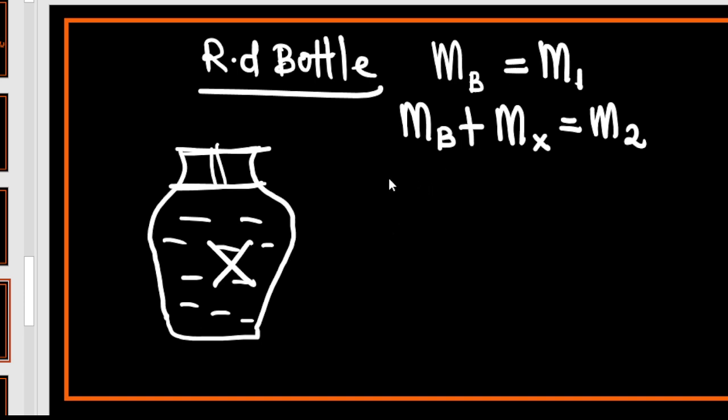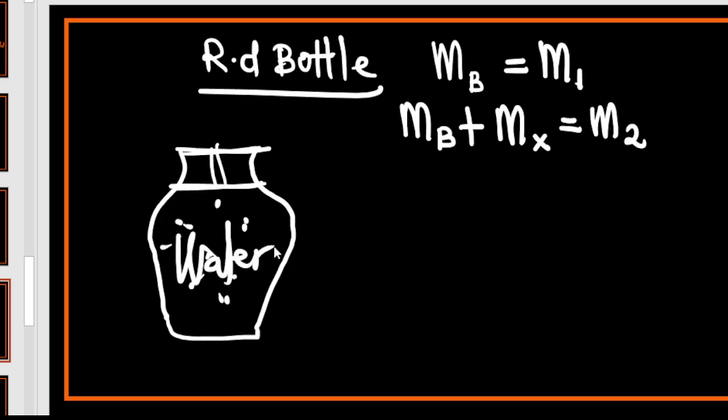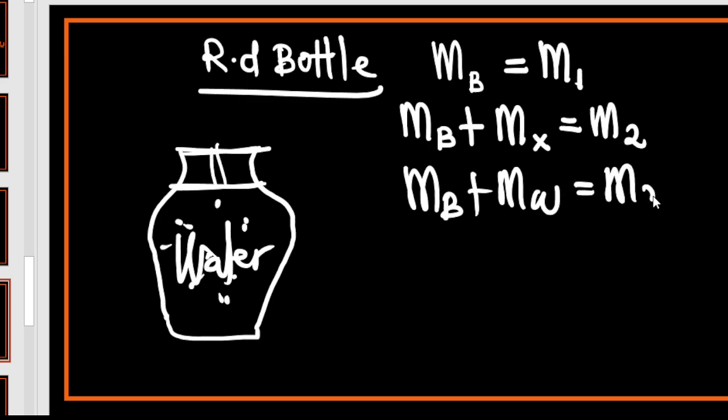So the next thing you want to do is pour out liquid X and replace it with water. So what you now have inside there is water. You measure the mass of the bottle plus the water. Let's call that M3.